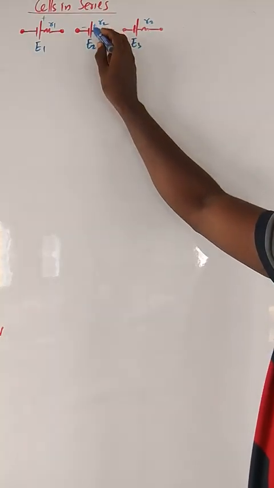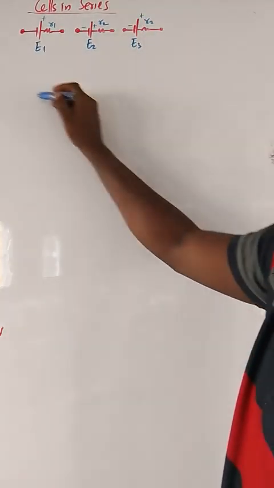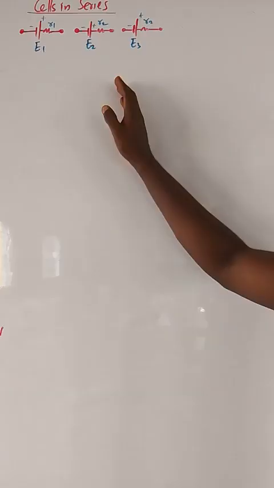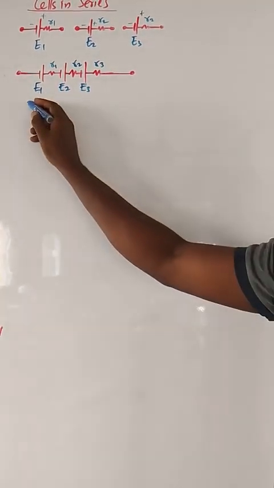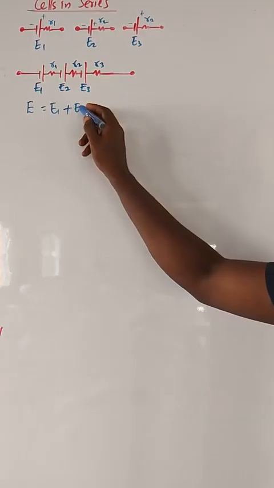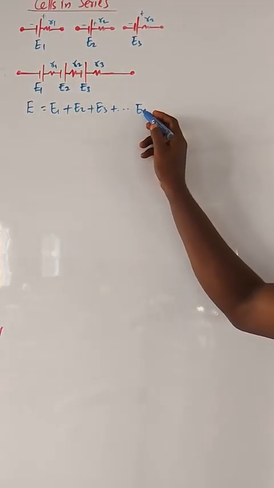The positive of this to the negative of this, and this positive to this negative. If you connect them this way, the EMF will add up. The effective EMF, let's write E equals E1 plus E2 plus E3. If there are more than that, you keep adding until you get to the last cell.